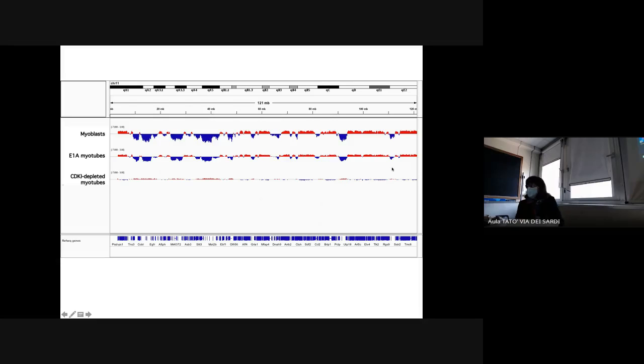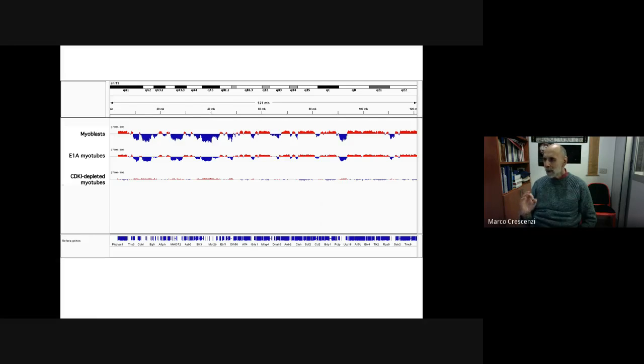Exactly. And then when you suppress the CDKs, you abolish that memory. Okay, if you really want to know the whole truth as it appears now, we are not really erasing that memory. We are flattening it out.